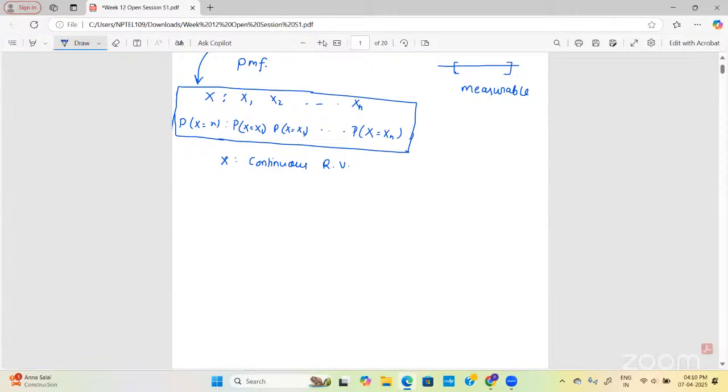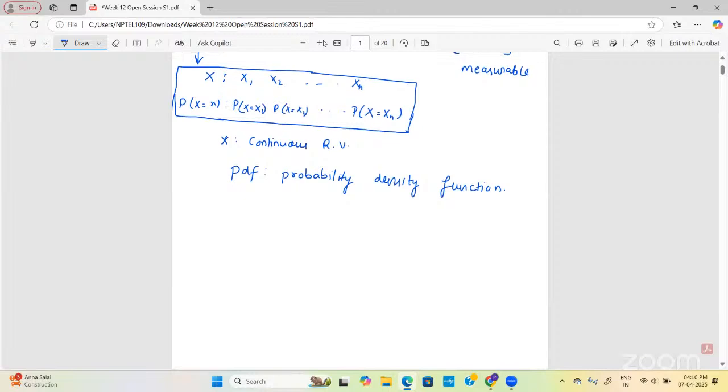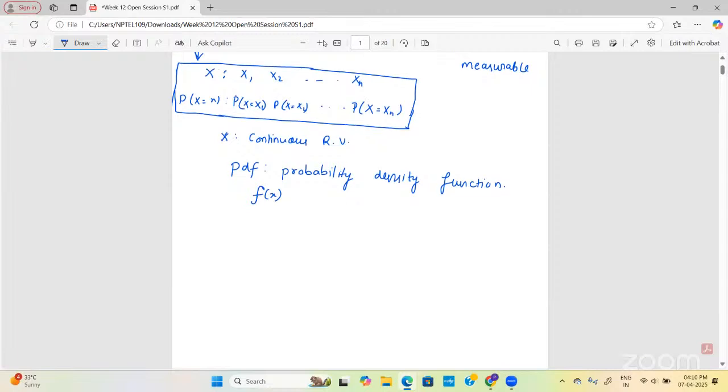That is called the probability density function, PDF. In short, sometimes we denote it by small f of x. This is used to denote the PDF of a continuous random variable.